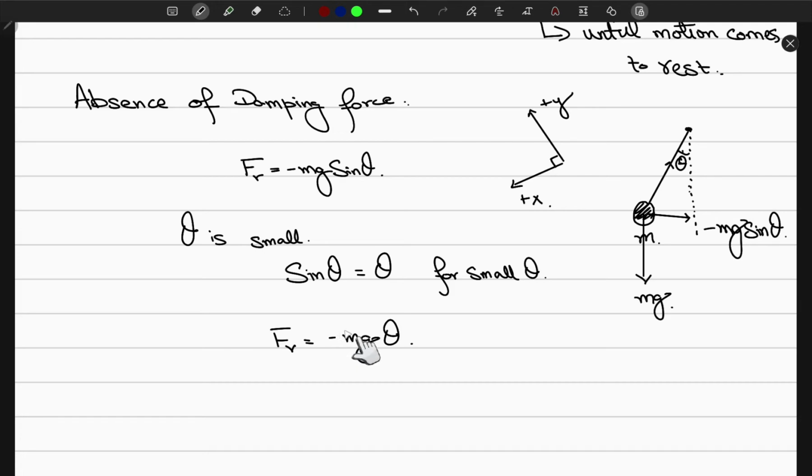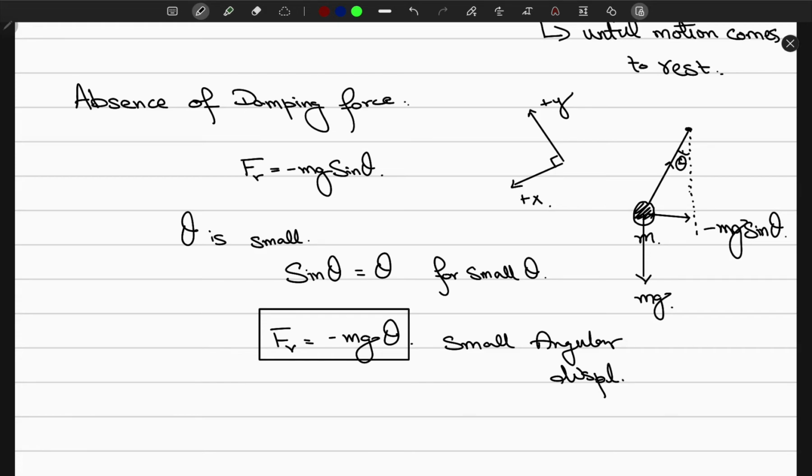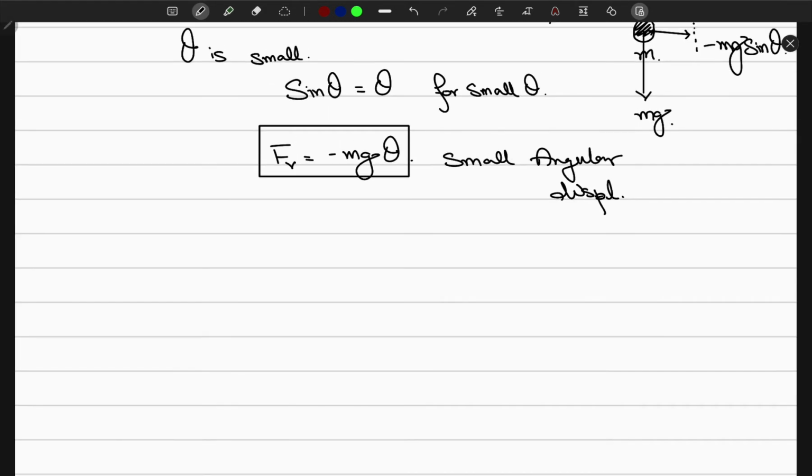Now you can box this equation. This is for small angular displacements, right? Now the acceleration for such small displacements is then given by minus g over L times x.